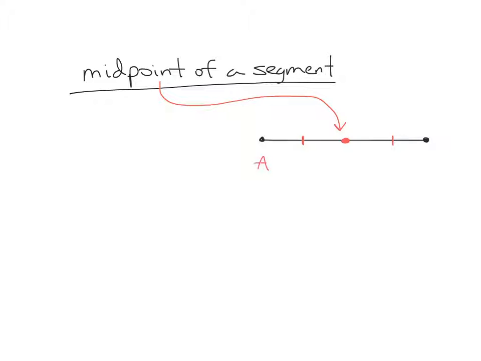So if this was A, B, and C, we would say B is the midpoint, and that makes AB congruent, which is, what does congruent mean? Equal. AB is congruent to BC. Okay. Same goes for what's called a bisector.